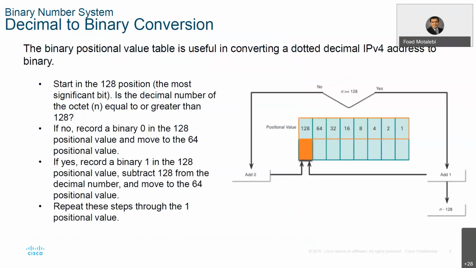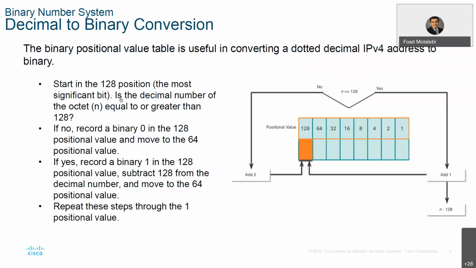What about converting from decimal to binary? Again, this we learned in school. This is the easiest way to convert. Again, you have to memorize this number position. Starts with 1, ends with 128. So start at this section. Now, if the number given to you is greater or equal to this, then you put a 1.